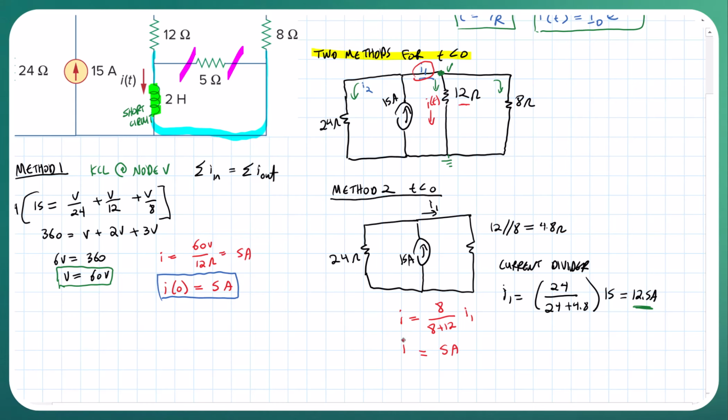This is our I, and again that's t less than 0, but it's the same thing as I of 0, 5 amps, and in our notation we also call this our big I naught. So that's two ways of getting the initial condition for I, where this guy is 12.5 amps.